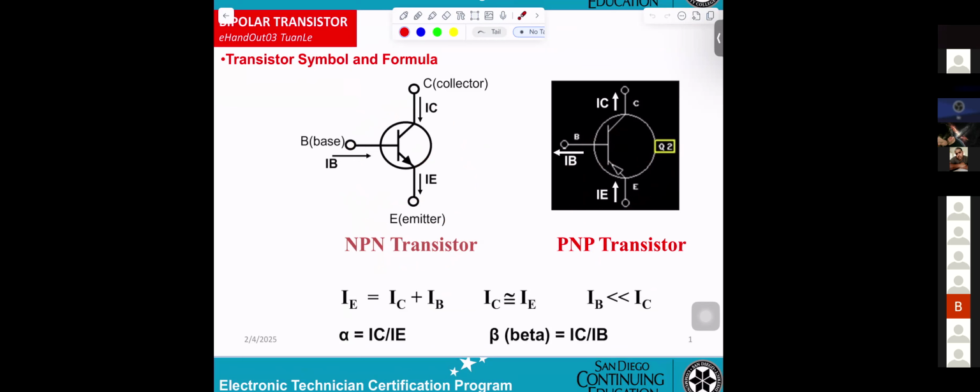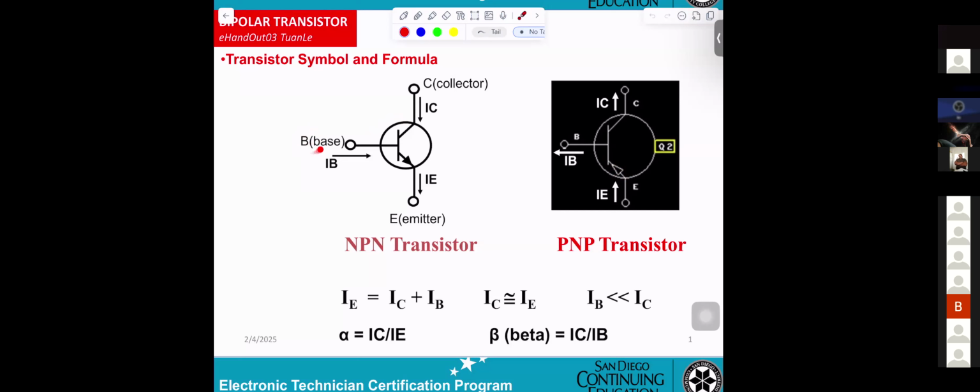Okay, how do we recognize NPN or PNP? You see arrow coming out. That will be NPN. This one opposite, coming in, for PNP. Okay, and basically they get three terminals.